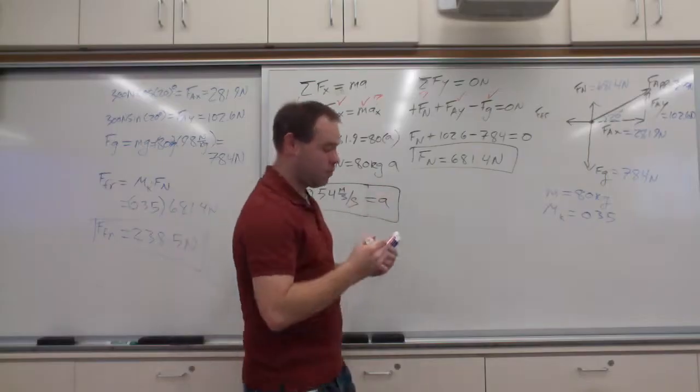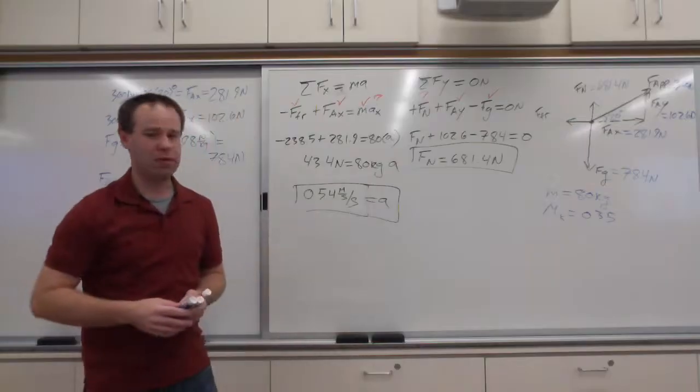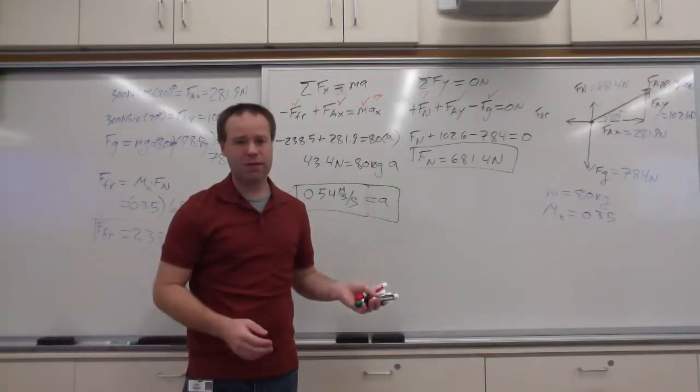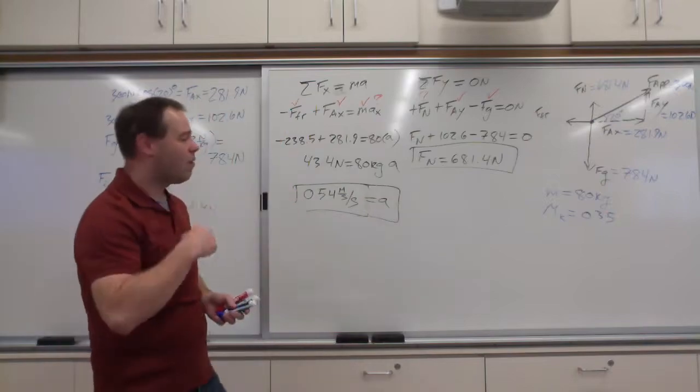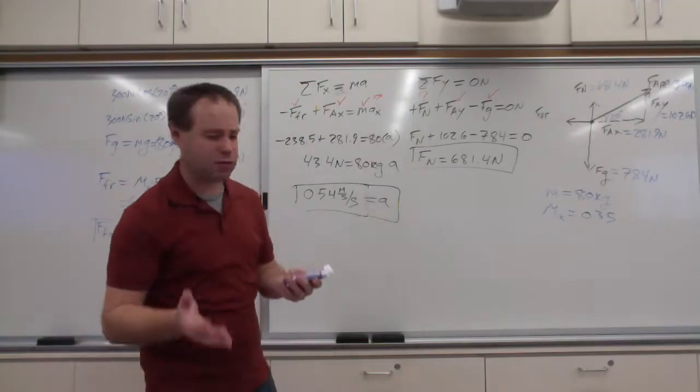Now, if you think back to the original problem, we've essentially solved the Newton's second law portion of this problem, but it actually asked how far, what distance I pulled my kids in 4 seconds. So now we need to think about kinematics. Because we solved for acceleration, we're going to be able to use kinematics.